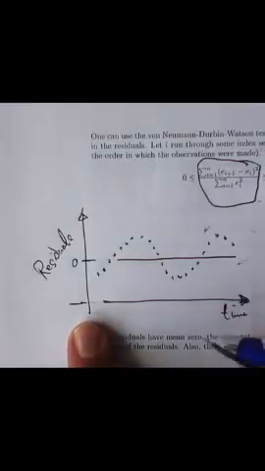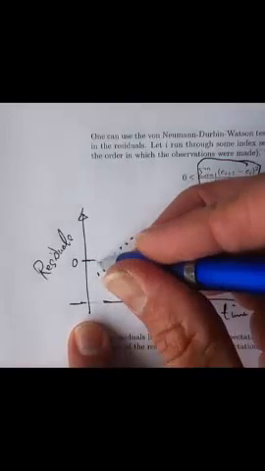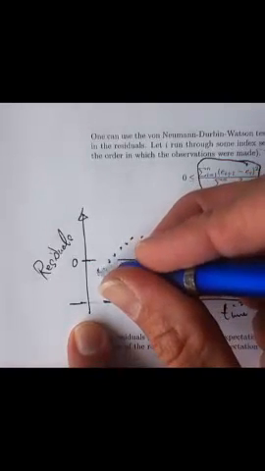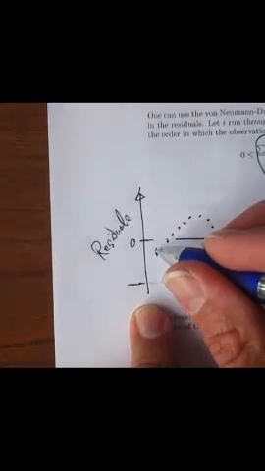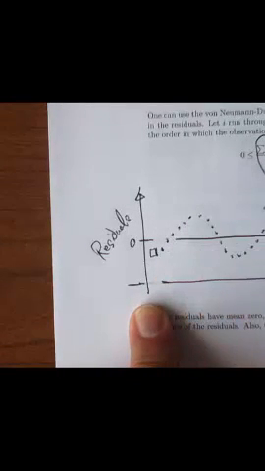If I let i be 1, then I'm looking at the difference between the second and the first residual, and I'm squaring that. So that difference is this much, right? These are the residuals, and if I square it, I get the area of that square.